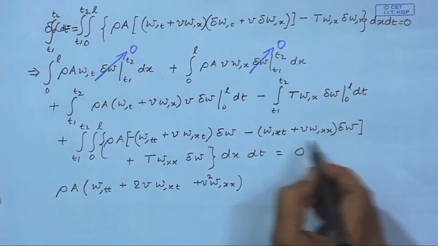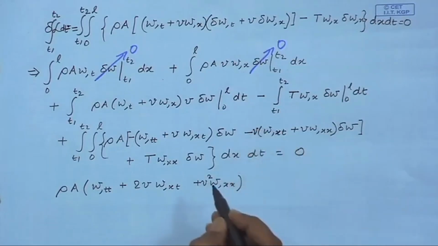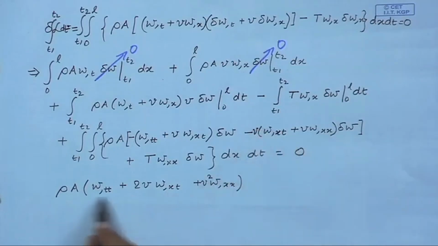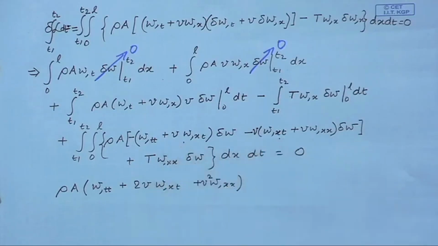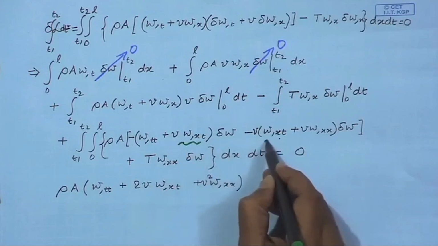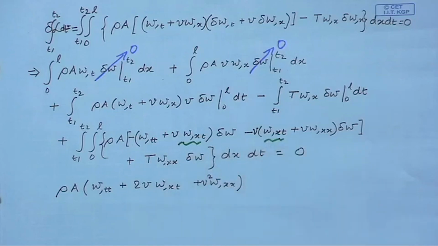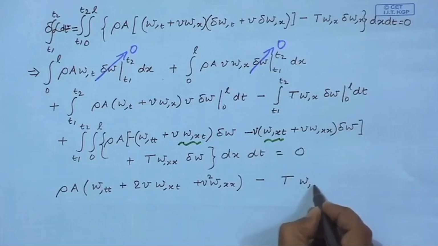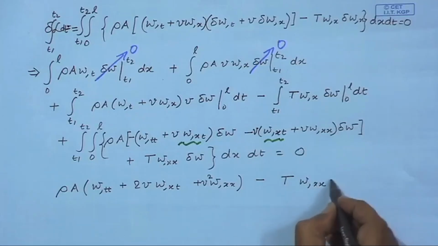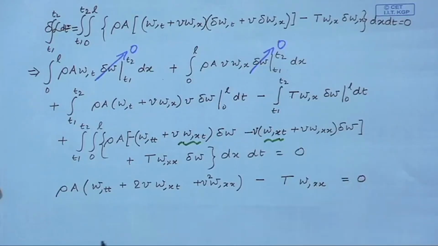So, here we have one V additionally. So, these two terms add up to give us this 2 V W x comma x t, and this term comes from here, and we have this additional term from the potential energy. So, this must be 0.